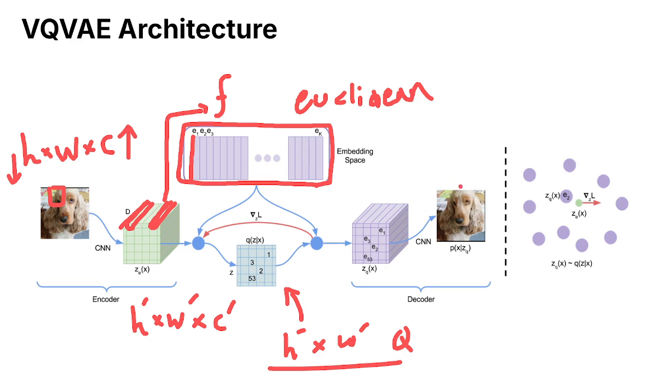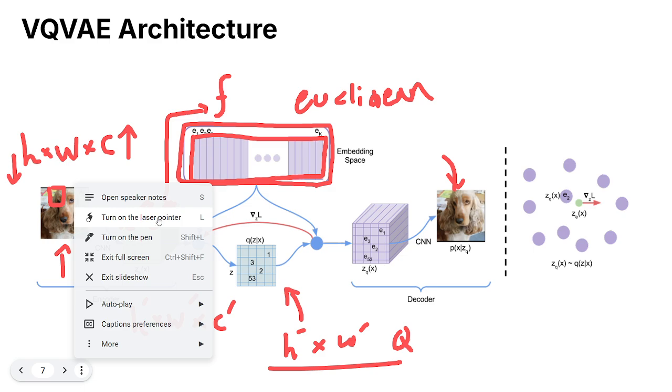And now the target output should be the input itself, because why not? Because we're trying to enrich this vocabulary so that it represents parts of images very well. So when we calculate the losses, this code book will get better over time in representing portions of images, right?